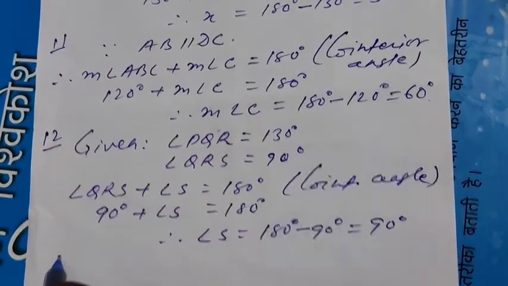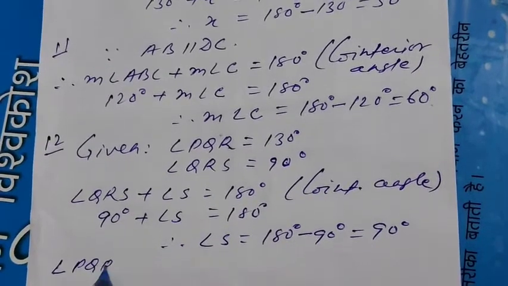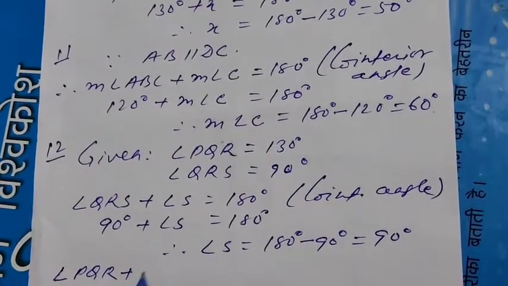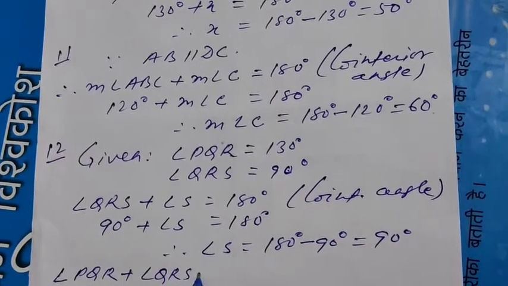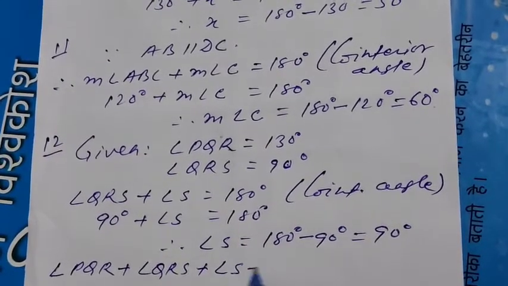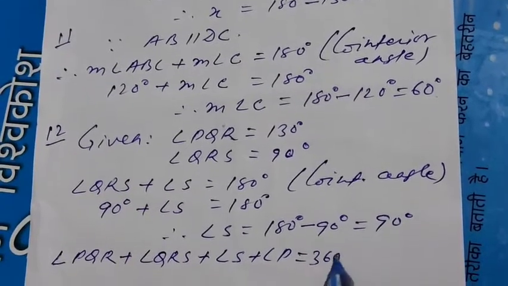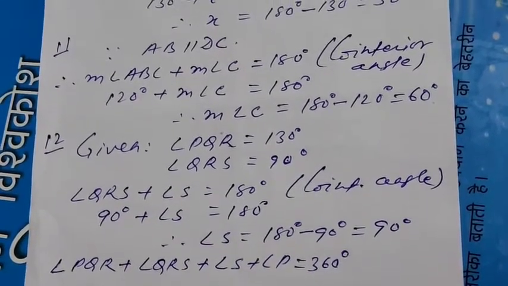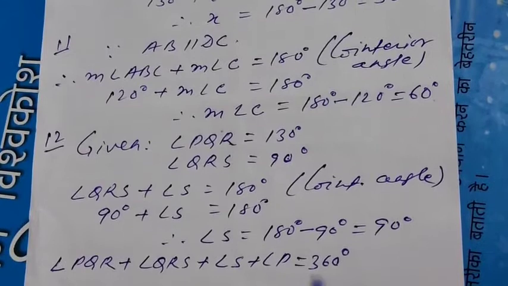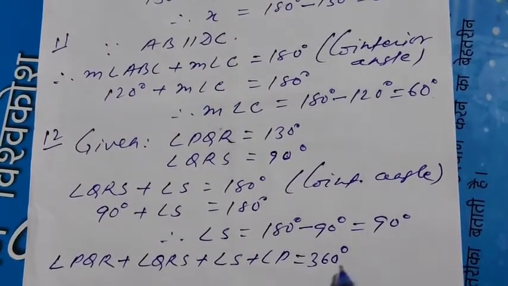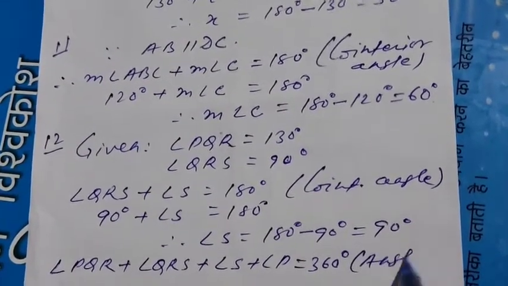Now angle PQR plus angle QRS plus angle S plus angle P is equal to 360 degree. As we know that in a quadrilateral the sum of all the four angles is equal to 360. This is called angle sum property.